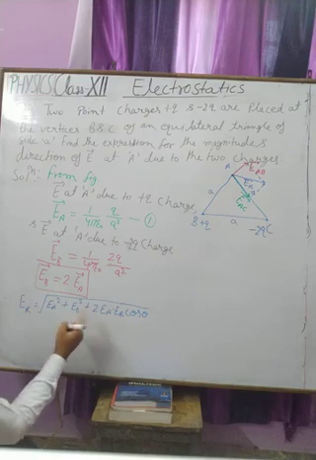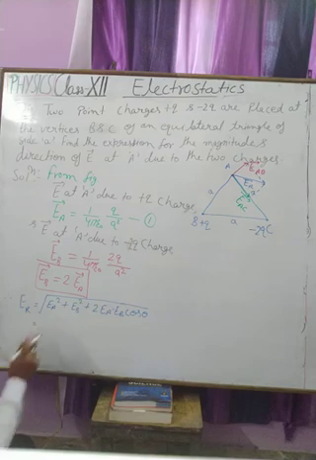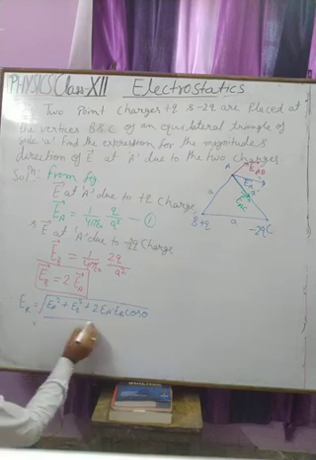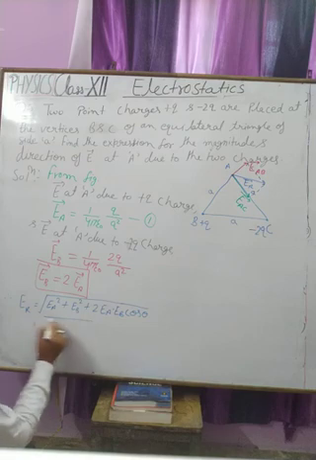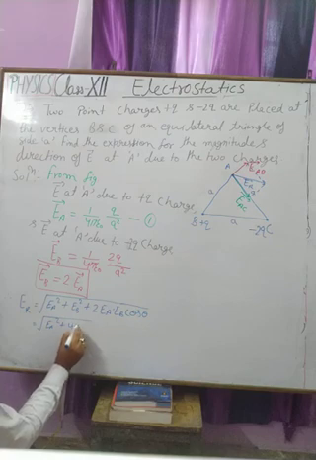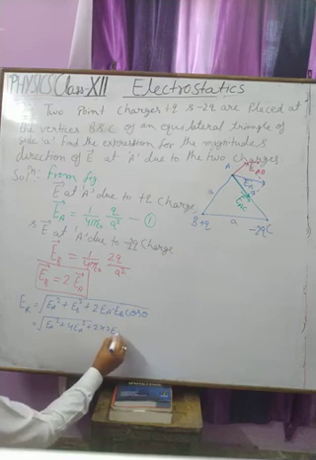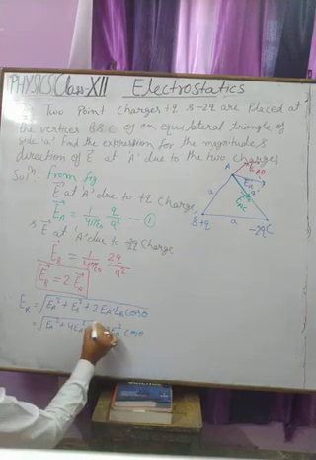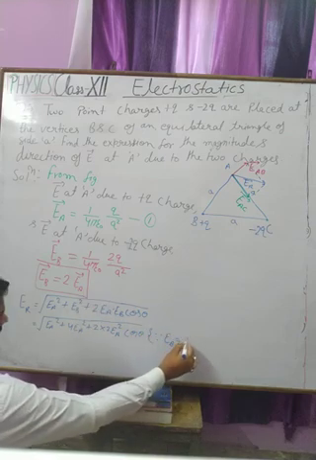Now we use the values from this relation. We are getting EA square plus 4EA square plus 2 into 2EA square cos theta, because we have EB equal to 2EA.